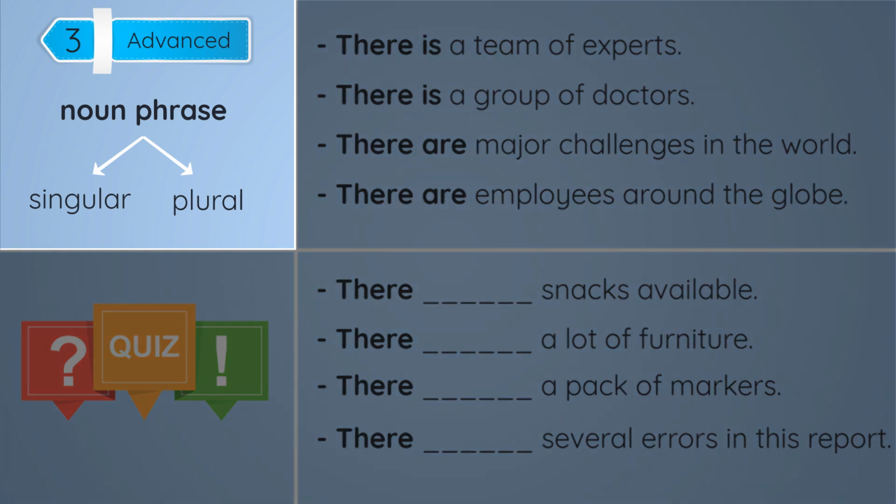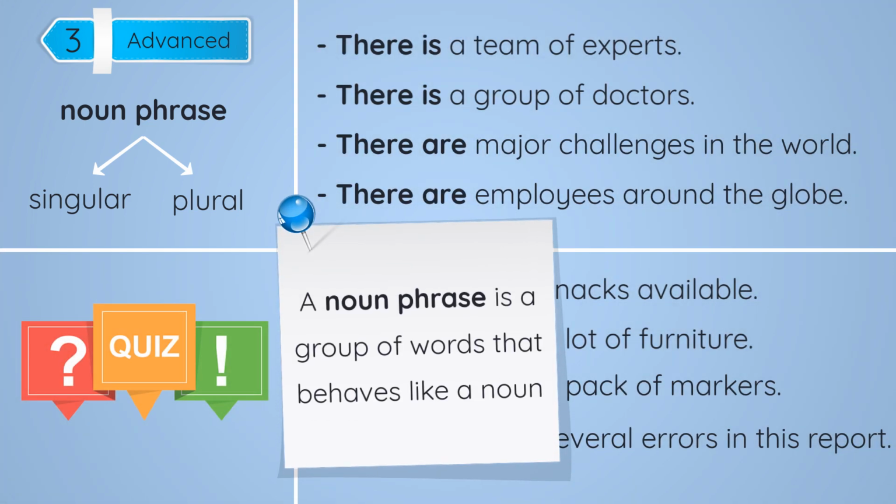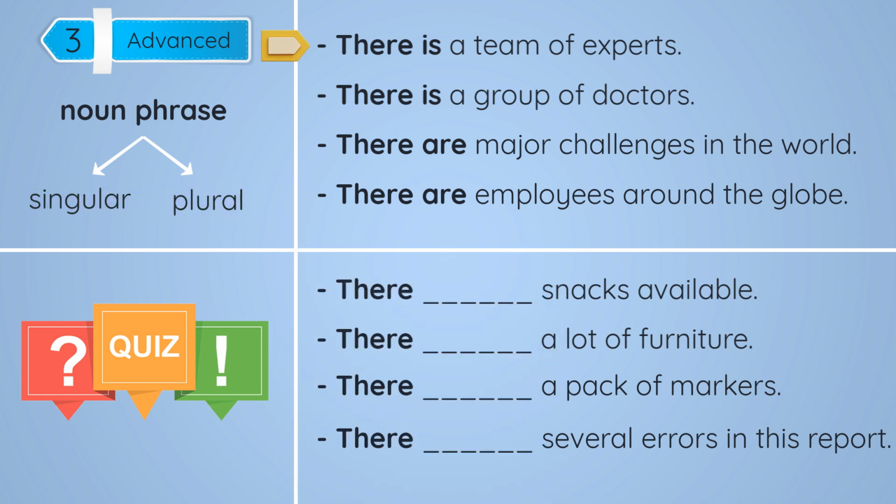Now, let's look at a noun phrase. A noun phrase is a group of words that behaves like a noun, basically. And they can be singular or plural. Let's look at some examples. We would say, there is a team of experts. Now, this could be confusing to some people because you have here the word team, but you also have the word experts.